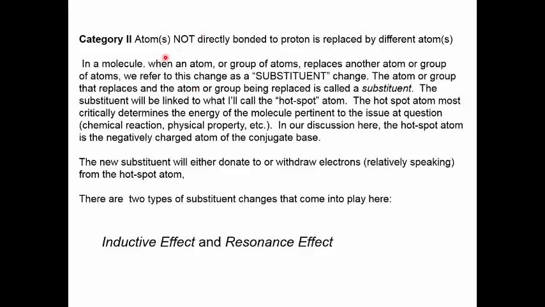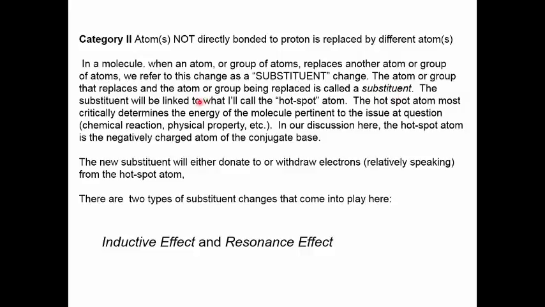Now, in a molecule, when an atom or group of atoms replaces another atom or group of atoms, we refer to this change as a substituent change. The atom or group that replaces the atom or group being replaced is called a substituent.